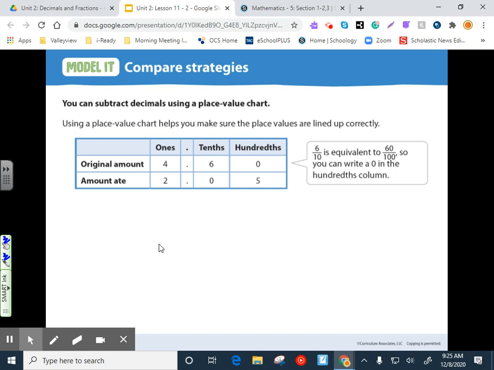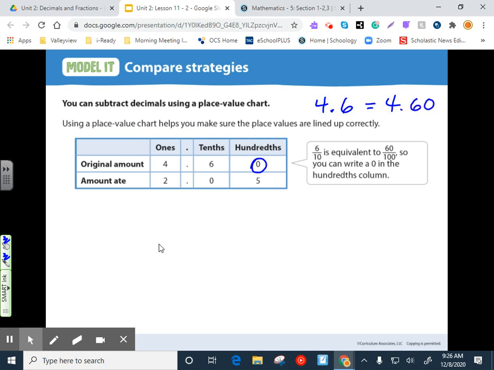And the classic setting up your problem in a place value chart is another way to do it. As of note, one of our original numbers is 4 and 6/10. Remember, you can fill in this spot here on the place value chart, and that becomes 4 and 60 hundredths.